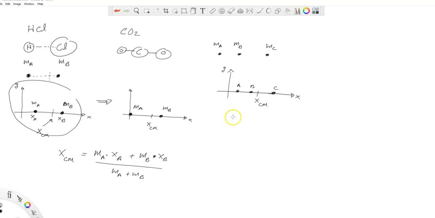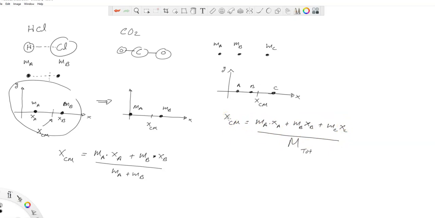So as usual, it will be mass times distance plus mass times distance plus mass times distance, over the total mass, MA plus MB plus MC, or you can just say big M total. This is what you do. You add all the masses multiplied by their distances separately and divide the whole thing by the total mass.